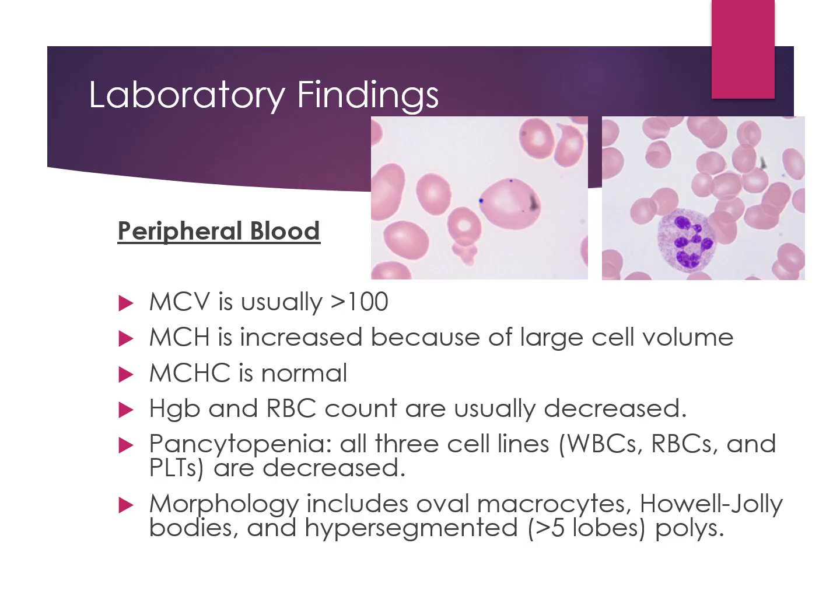Remember, those Howell Jolly bodies are the round inclusions that look like little belly buttons. Those are made of residual DNA. And if you have a process going awry with regard to DNA synthesis, you may have little bits of DNA left over. And then we are going to also see hypersegmented neutrophils, greater than 5 lobes, or greater than 5 segments.